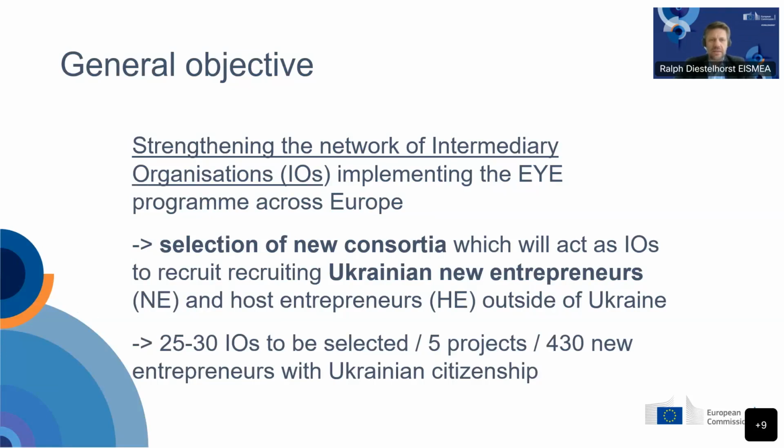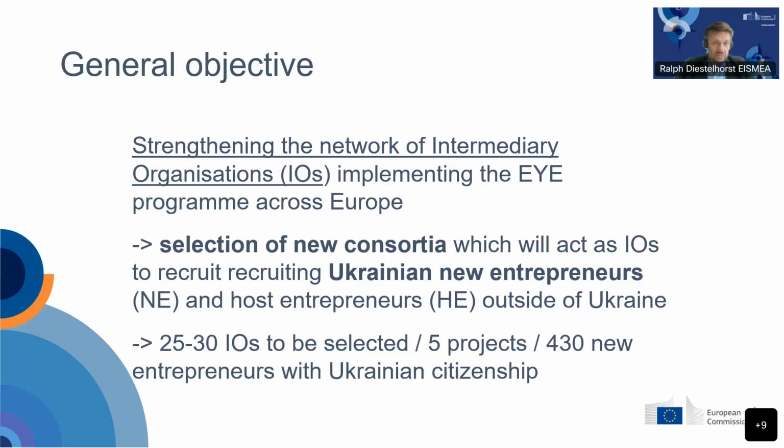We want to select new consortia, and for those consortia, the best organizations that we can get to recruit Ukrainian new entrepreneurs above all, and to match them to host entrepreneurs outside Ukraine, because inside Ukraine, it is currently, unfortunately, not possible.